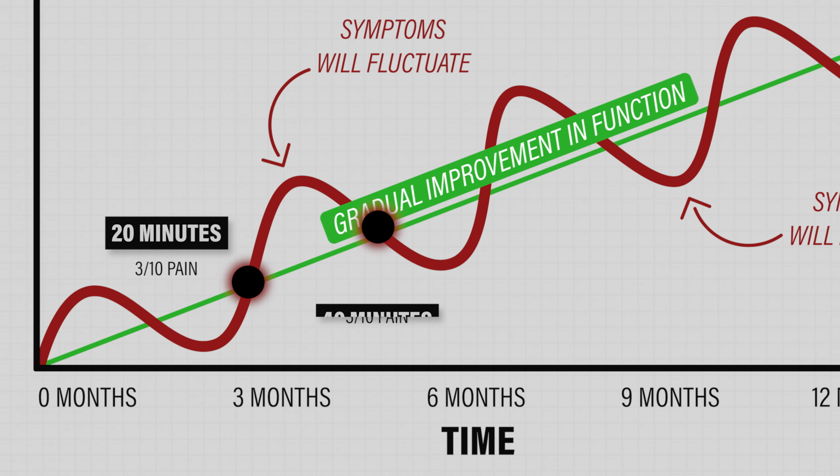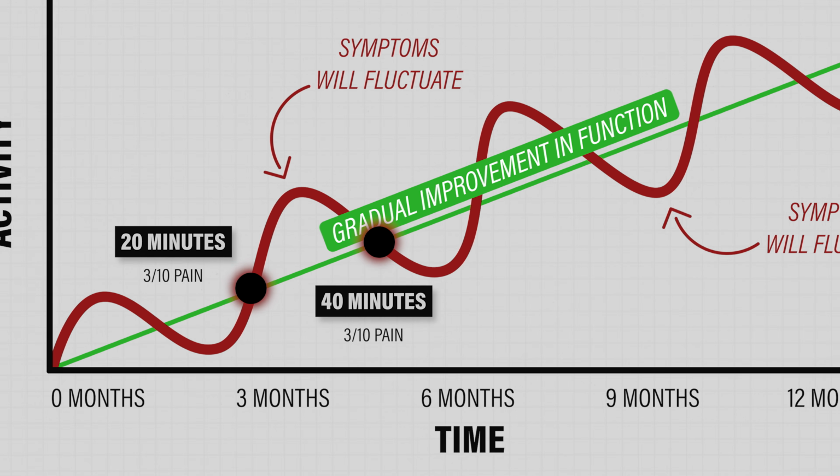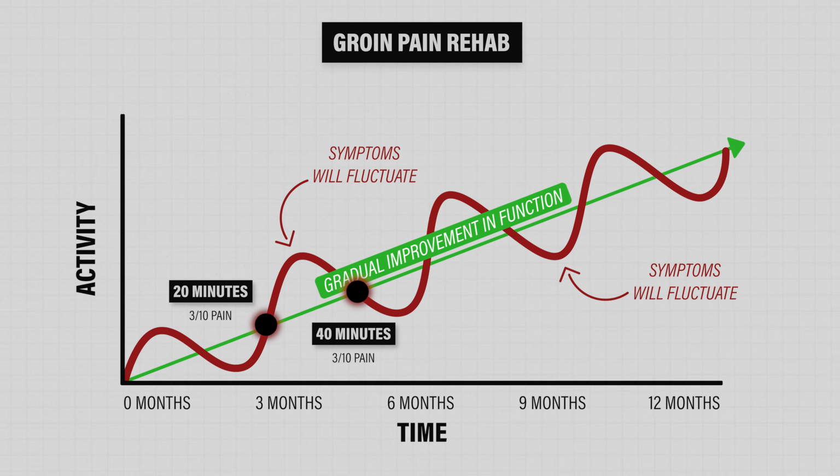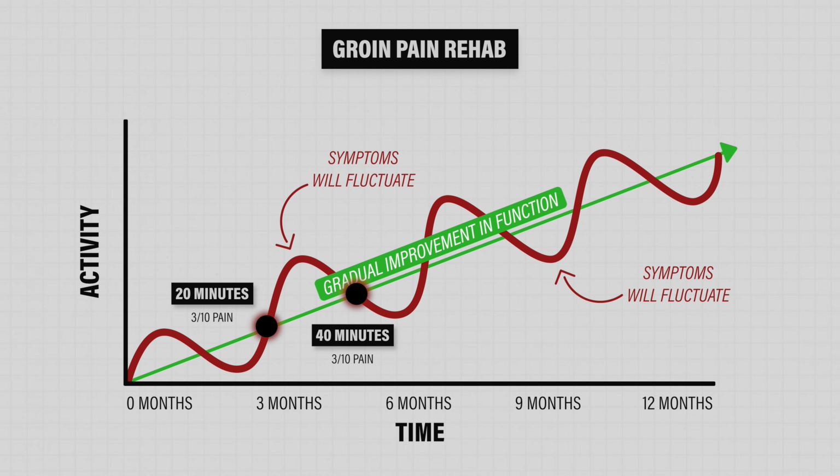A few weeks later, you might experience a 3 out of 10 pain after playing for 40 minutes. Although you're still experiencing the same symptoms, you're able to play soccer for twice as long before the onset of symptoms. This is a huge win. Tracking your pain alongside your function can help guide the amount of activity you do and make sure you don't do more than your current capacity.